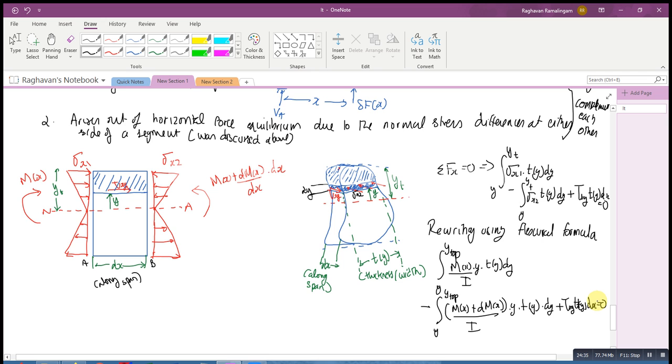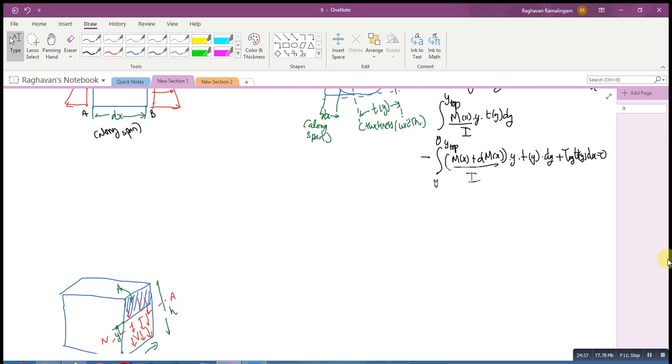Now cancelling out the common terms and simplifying this whole expression, I get tau xy equals dM of x by dx into 1 by I, and then this t of y comes to the denominator.